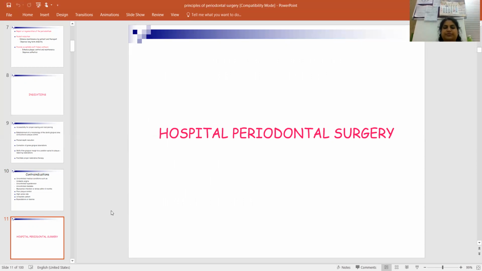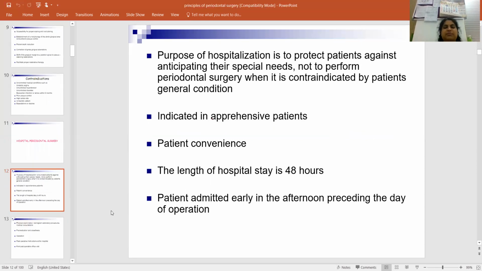Hospital periodontal surgery: what is the purpose of hospitalization? Basically, the patient's general condition may not be suitable for undergoing surgery in the dental setup, so we need to do the periodontal flap surgery in the hospital setup to protect the patient's special needs and special demands. For example, if the patient is very apprehensive, such a periodontal surgical procedure is indicated in the hospital.